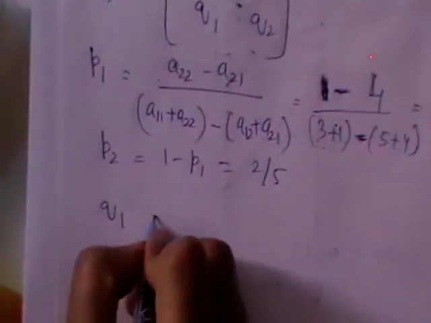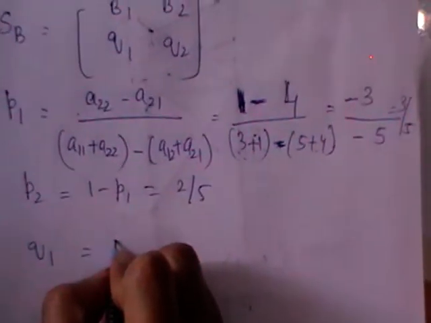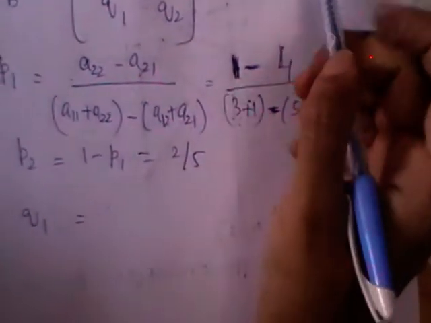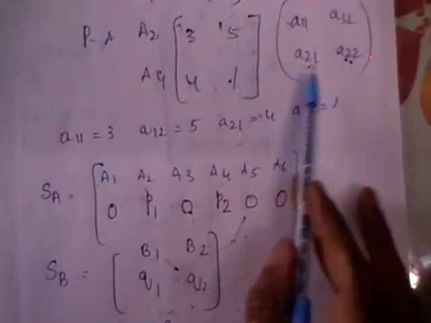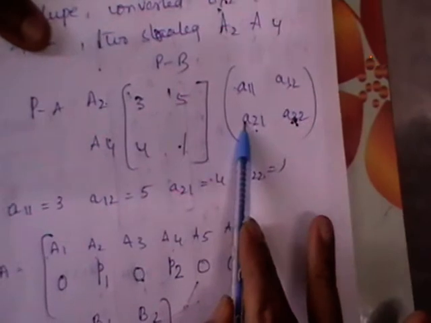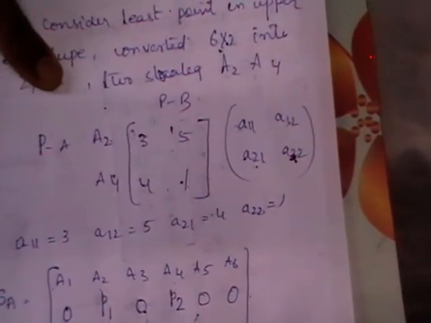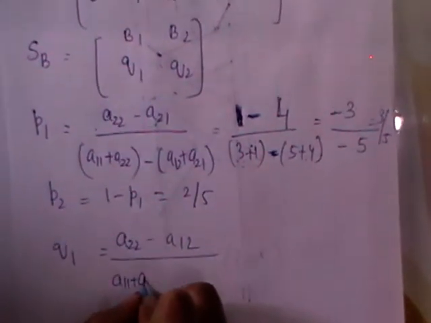Similarly, what is the formula for Q1? For Q1, you should take the difference A22 minus A12, with the same denominator, the diagonal elements added and subtracted as before.